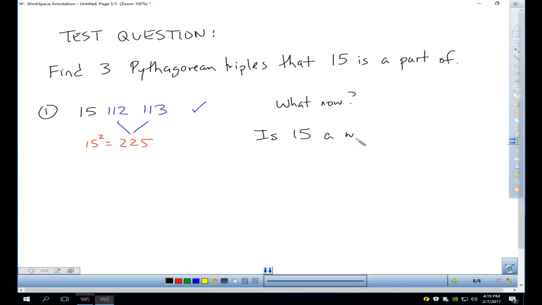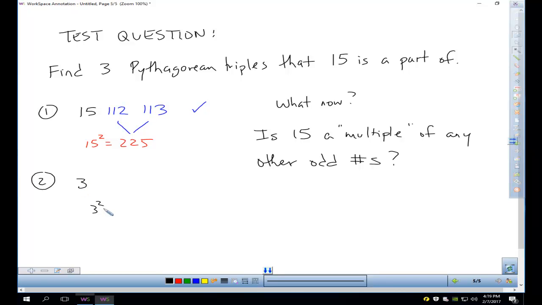Well, is 15 a multiple of some other odd number? Alright? Is there another family that 15 would be a part of? Alright? Can you think of some factor of 15 that's odd? Alright, well, 3 and 5 both go into 15, right? So if 3 goes into 15, then 15 is a part of the 3, 4, 5 family.